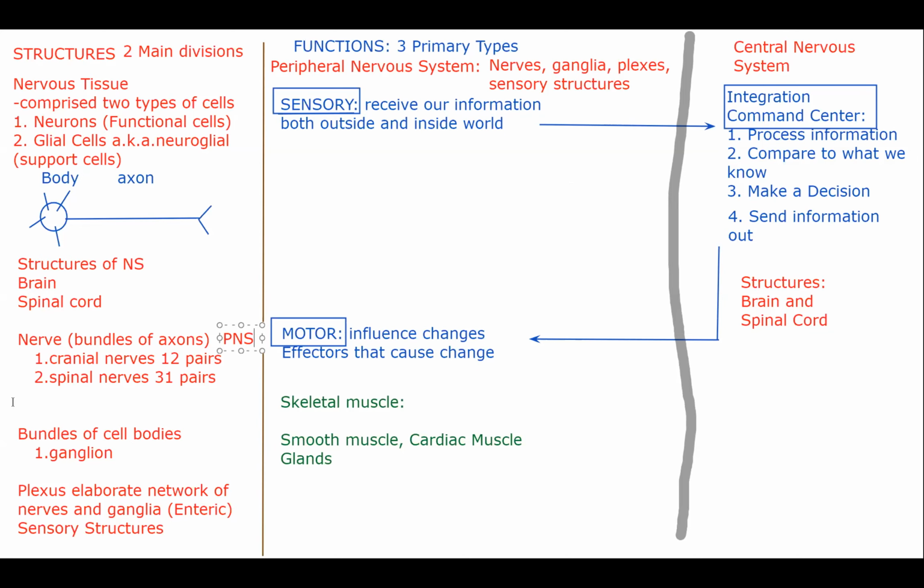So in our central nervous system, a bundle of axons is called a tract. So we will see tracts in our central nervous system, and they're basically bundles of axons. So those will be in our brain and our spinal cord. And it's the same thing with bundles of cell bodies. A bundle of cell bodies is called a ganglion in our peripheral nervous system.